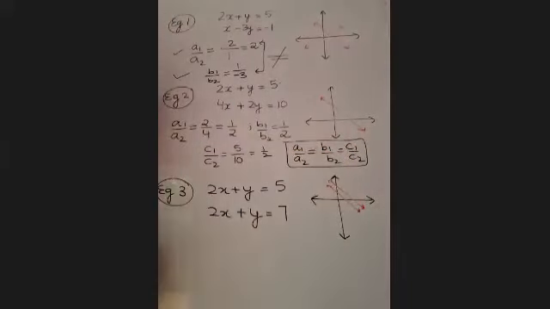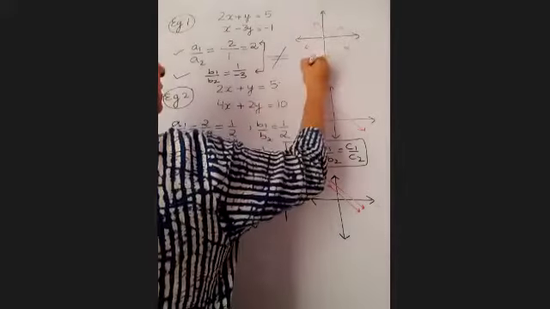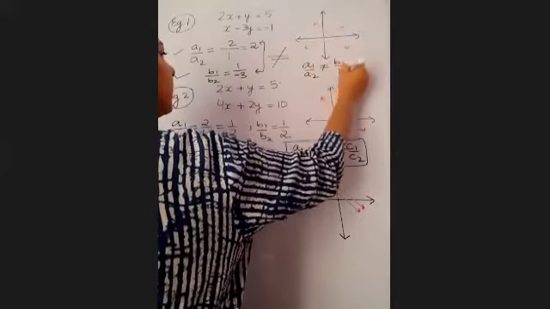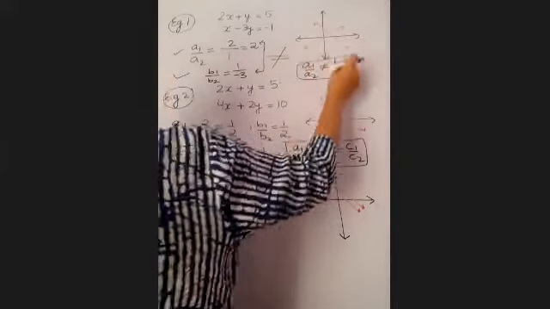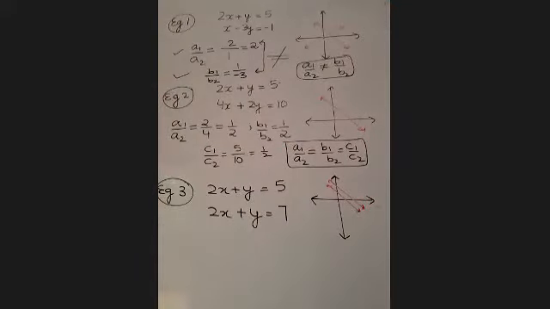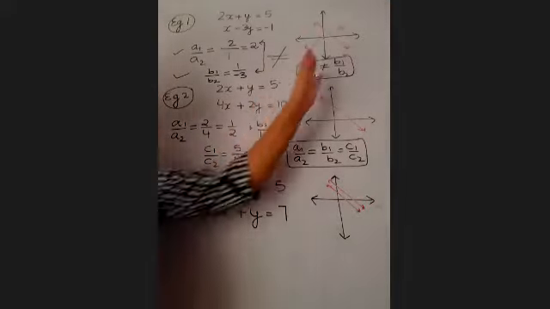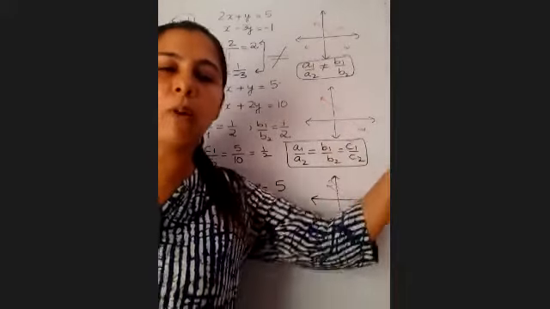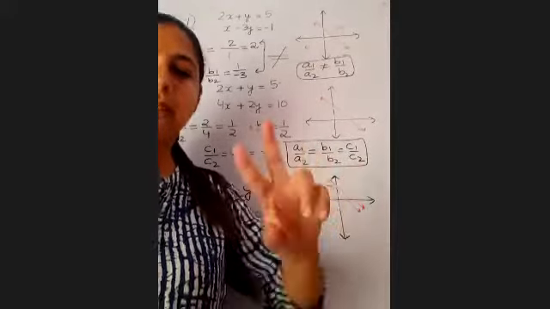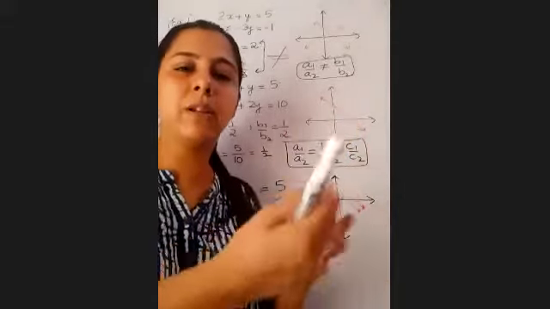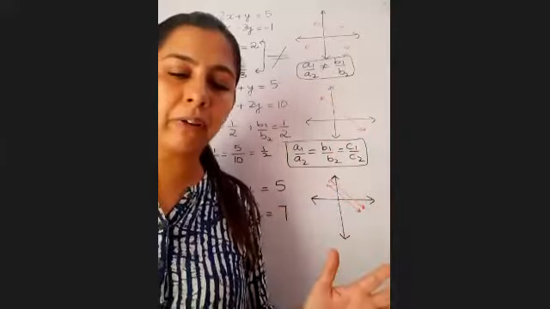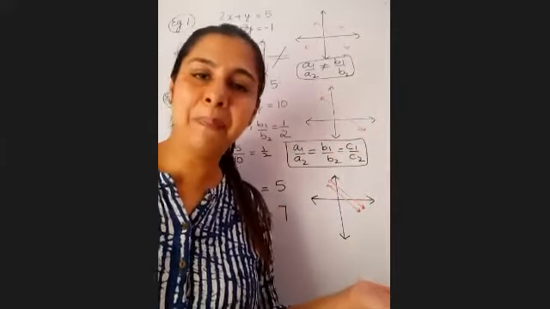Yes, ma'am, all three ratios are coming out the same. And in the earlier case, a1 by a2 was not equal to b1 by b2, and since they were not equal, we didn't bother to find c1 by c2. When the first two are not equal, there is no point going ahead. It is like there are two people and you are matching their similarities. You get the first one as the opposite one, a contradictory one, you will say we are not the same.